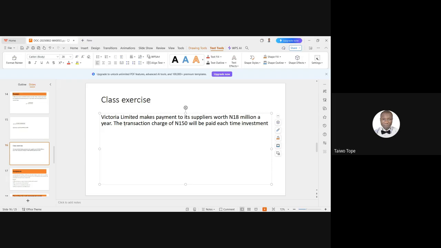investments are converted to cash. The opportunity cost of holding cash rather than investing is 6% per annum.